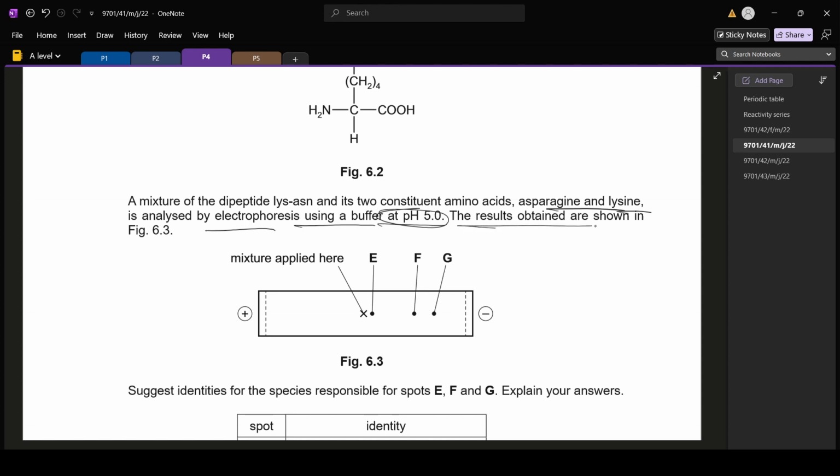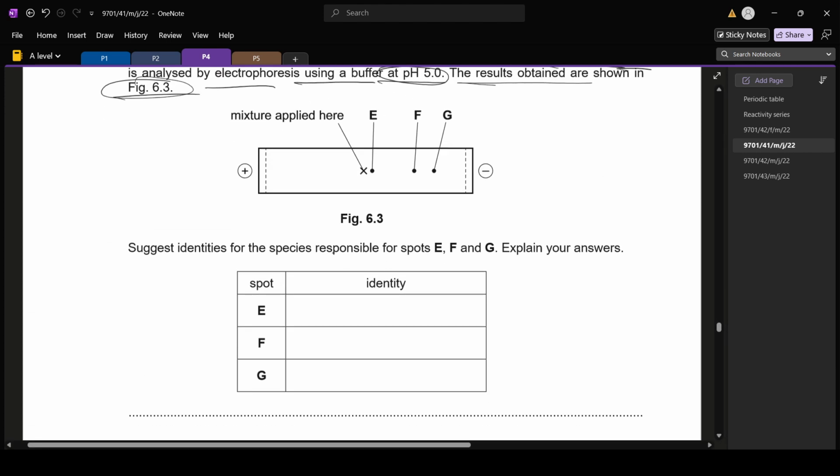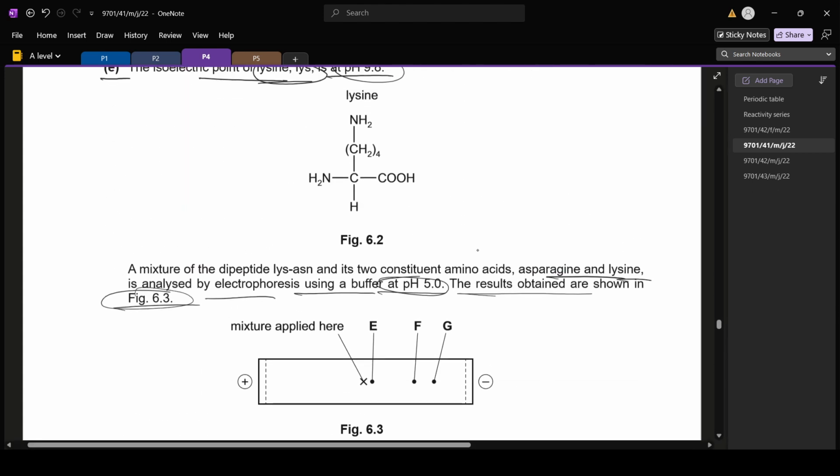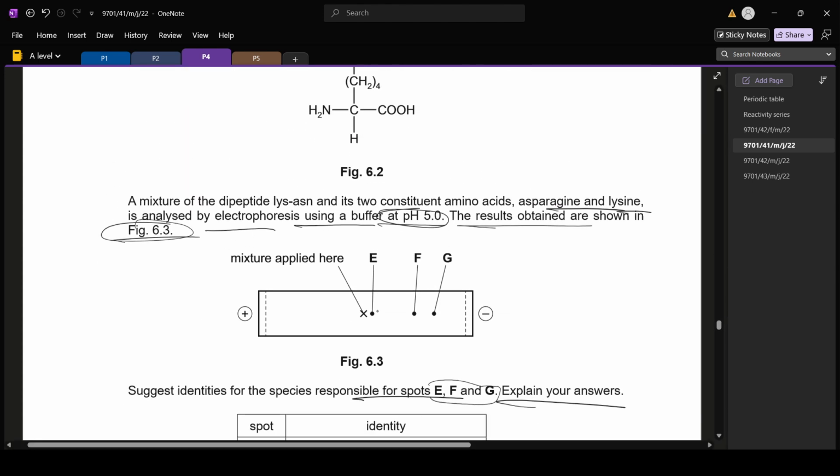Okay, the results obtained are shown in figure 6.3. So you have to suggest the identities of the species responsible for spots E, F, and G. Okay, explain your answer. So you have to find which one is responsible for these spots.